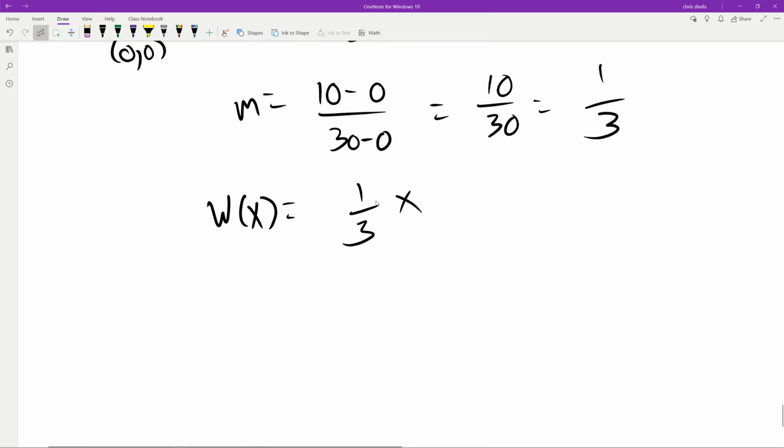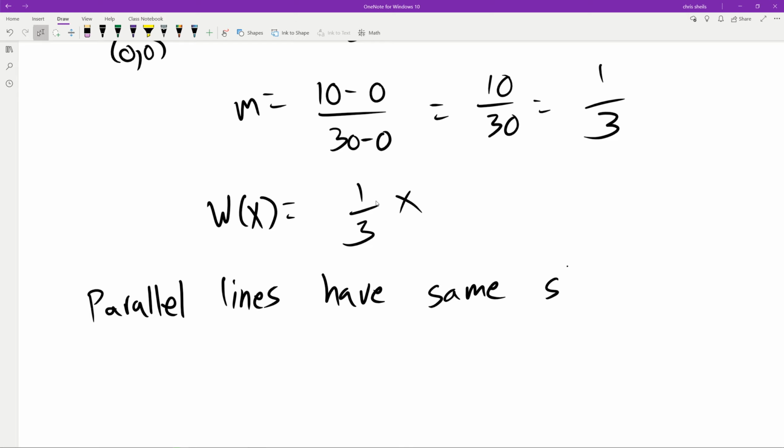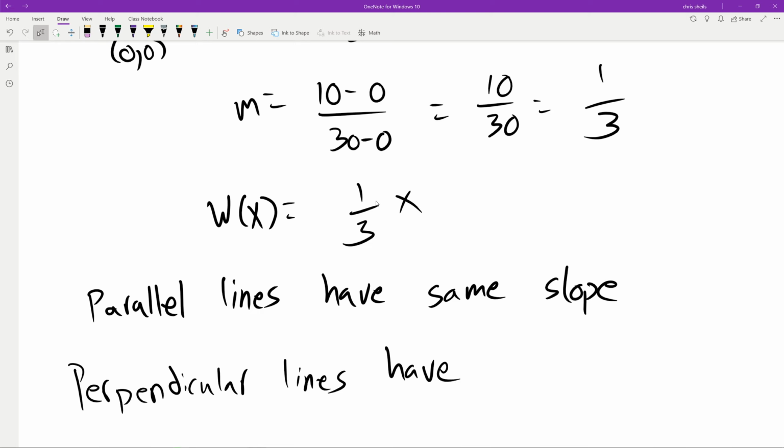I don't think that we've discussed this, but parallel lines have the same slope. Perpendicular lines, that means lines that meet at a right angle, have opposite reciprocal slope.